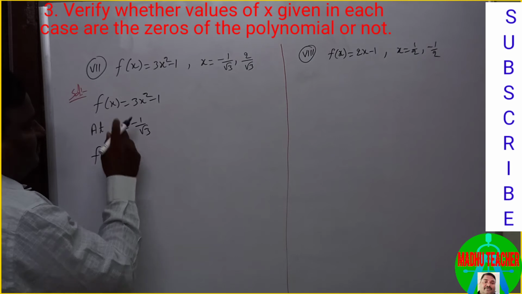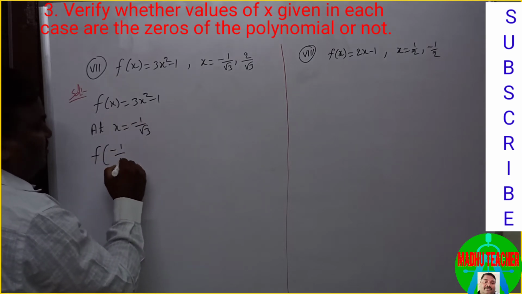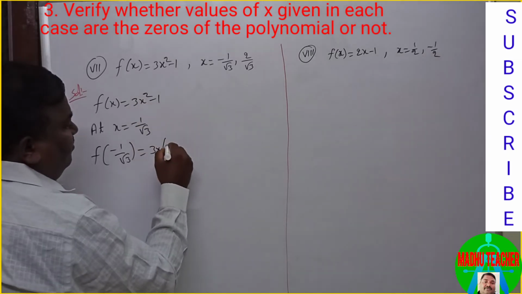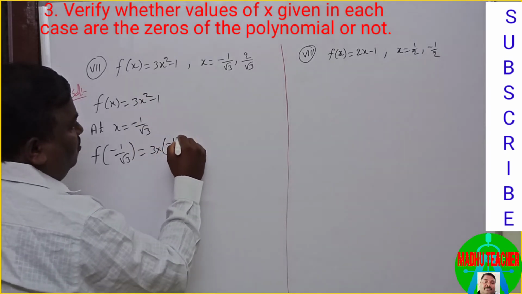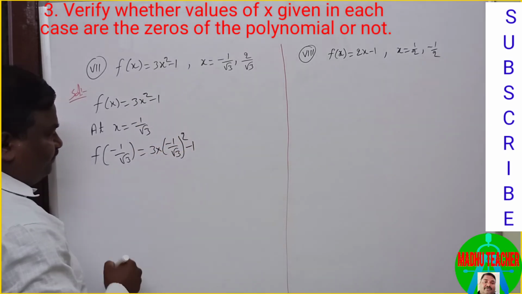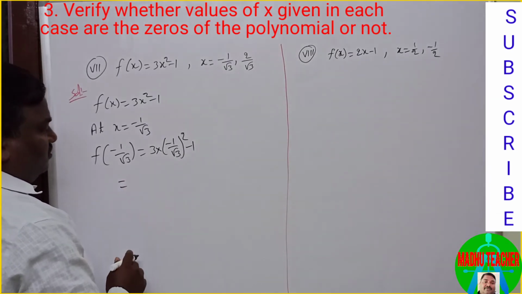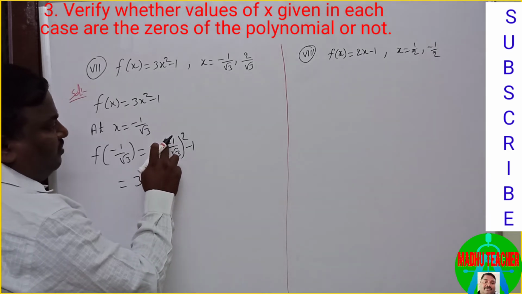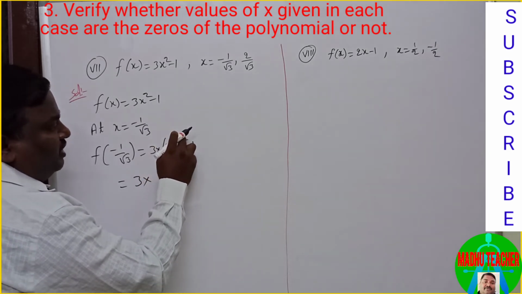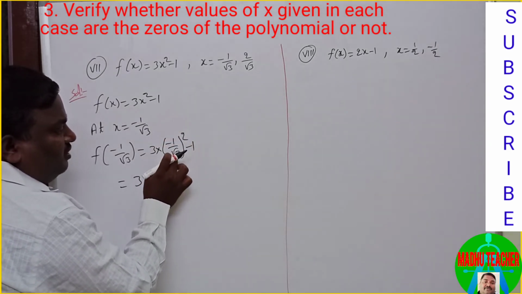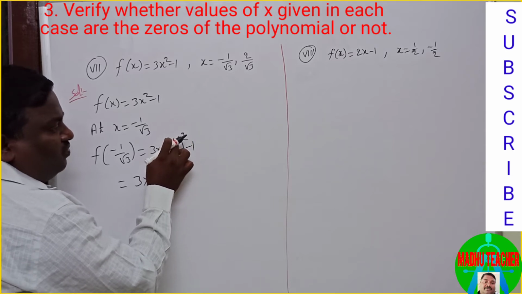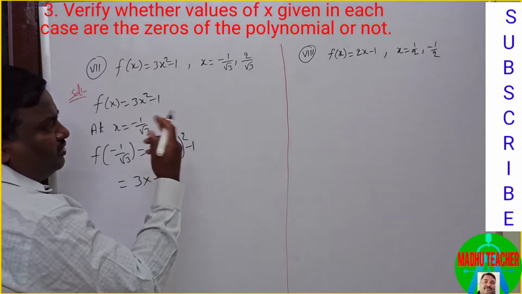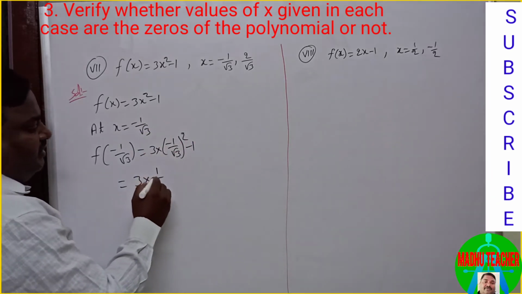F of, replacing x with minus 1 by root 3, equal to 3 into minus 1 by root 3 whole square minus 1. This is 3 into minus 1 by root 3 whole square. It means minus 1 whole square over root 3 square. Minus 1 square is minus 1 into minus 1, which is 1. Root 3 square is 3.